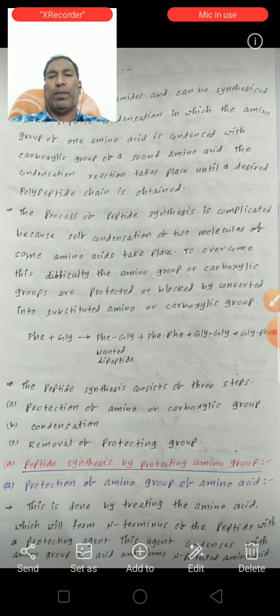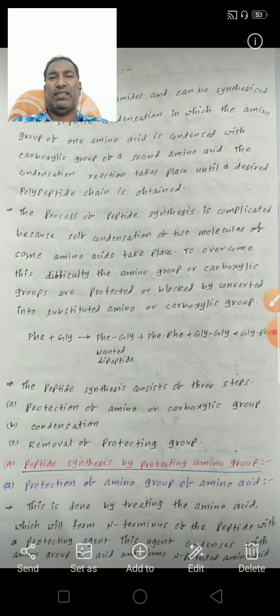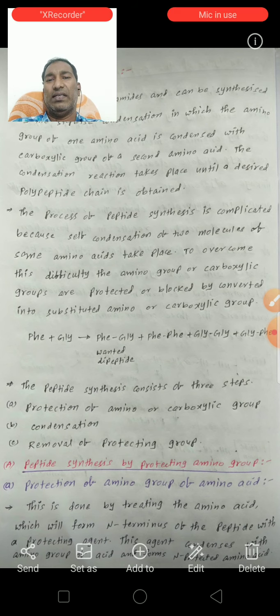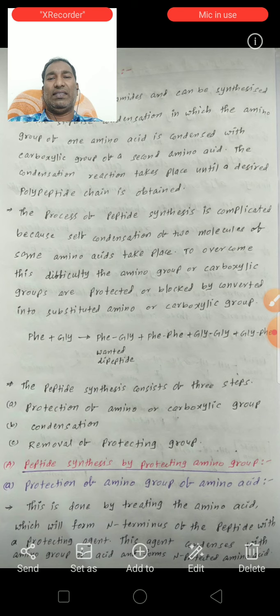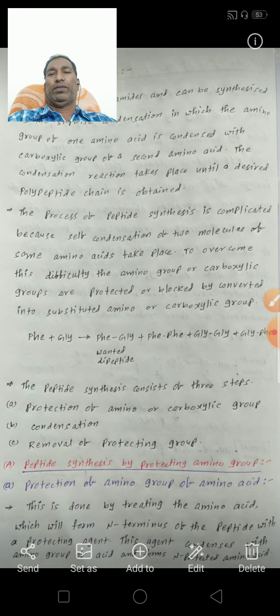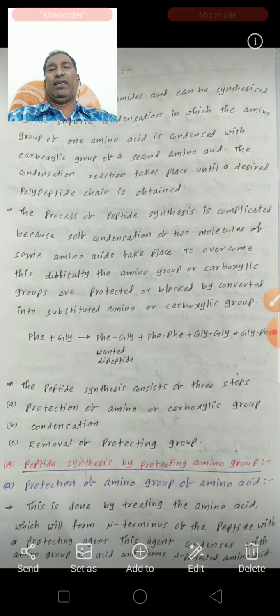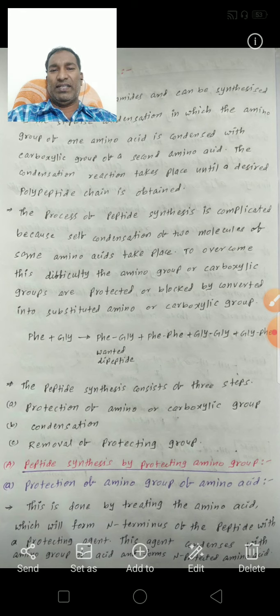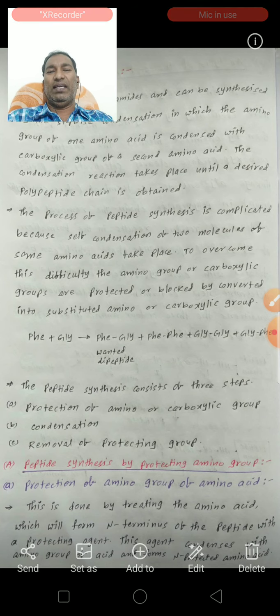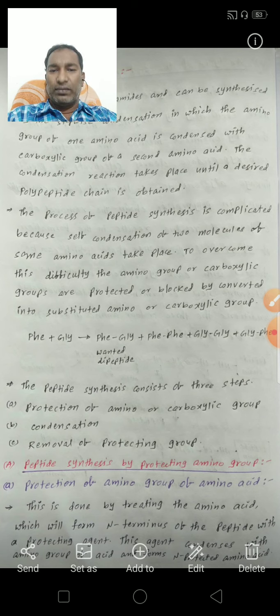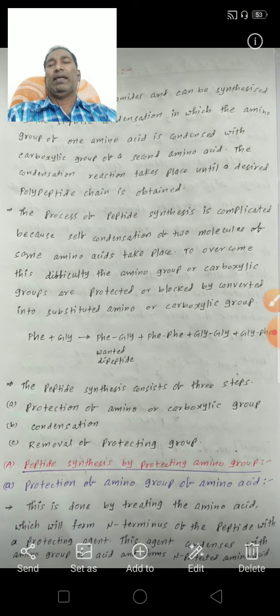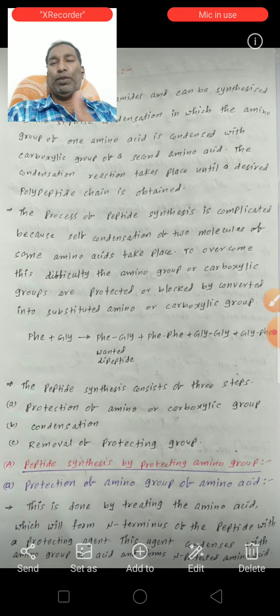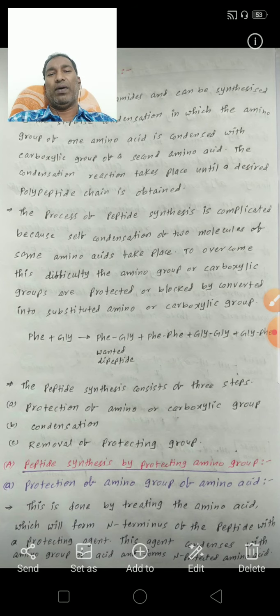See here, the process of peptide synthesis is complicated because self condensation of 2 moles of the same amino acid takes place. To overcome this difficulty, the amino groups or carboxylic groups are protected or blocked by converting them into substituted amino or substituted carboxylic groups.